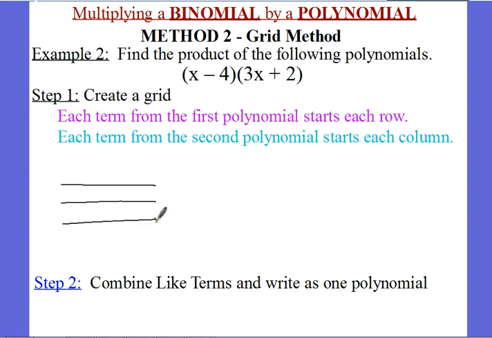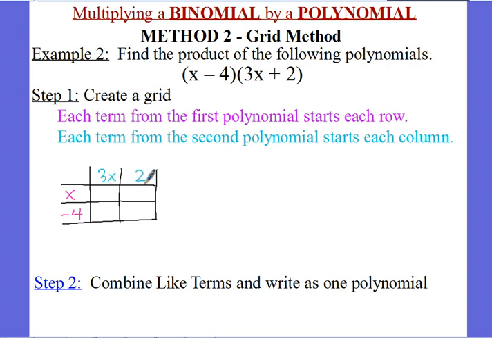So that means we're going to have x and negative 4 as each row. And then the terms in the second polynomial be each column. So the second polynomial, we have 3x and 2.